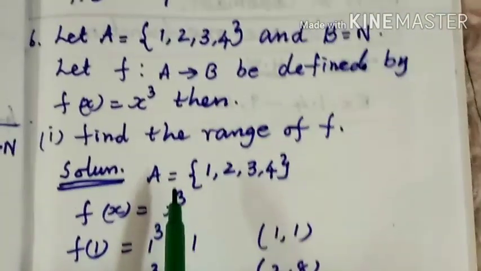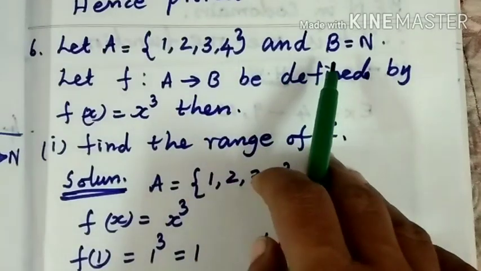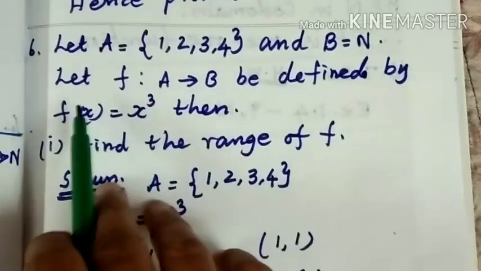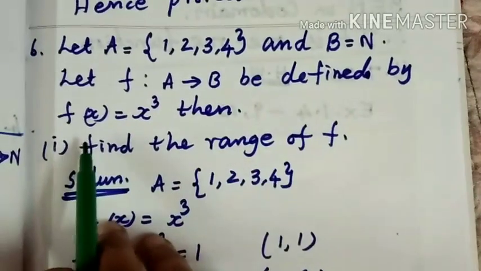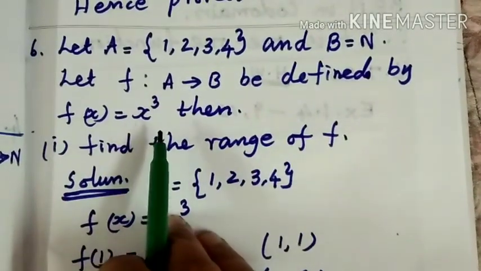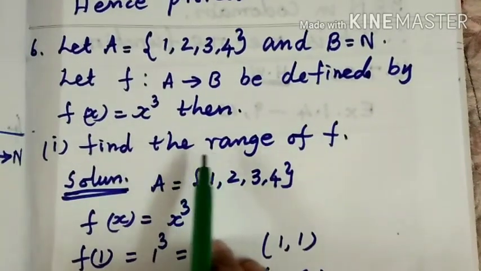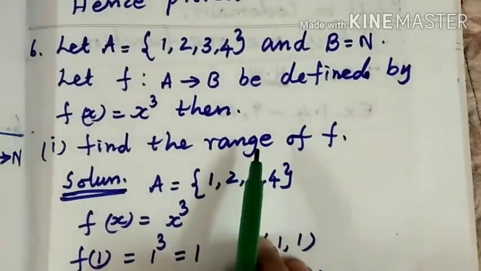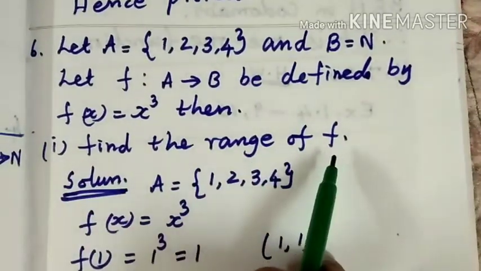Then question number 6. Let A equal to {1, 2, 3, 4} and B equal to natural numbers. Let f be a function from A to B defined by f of x equal to x cubed. Then in the first subdivision, find the range of f.